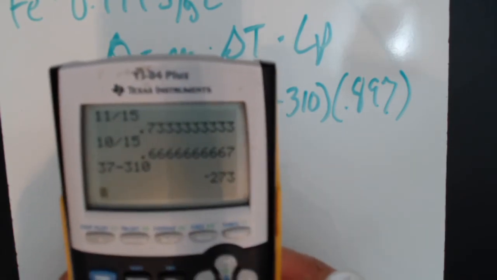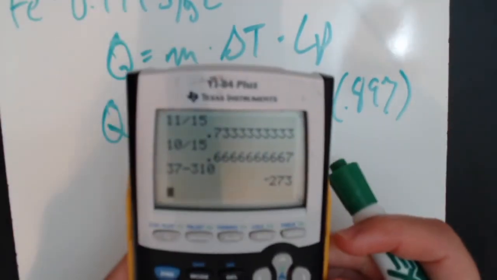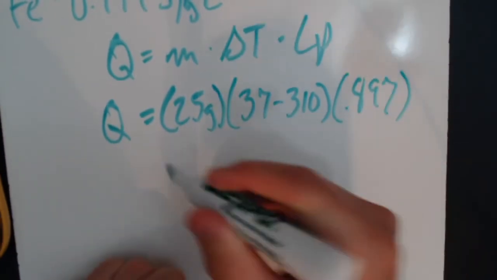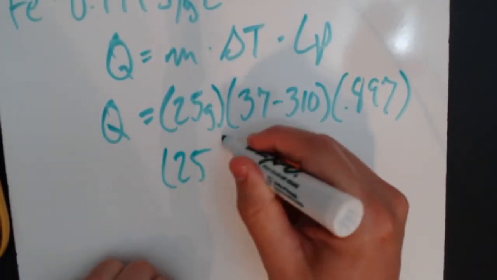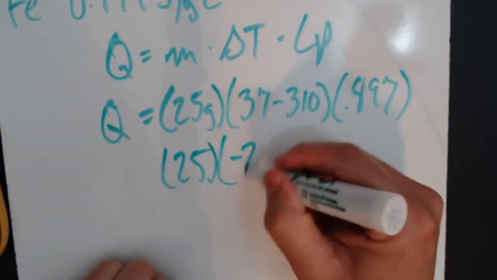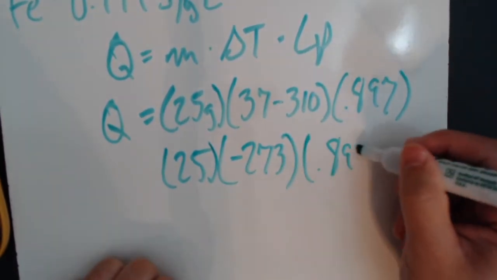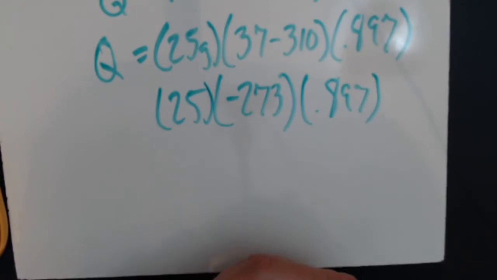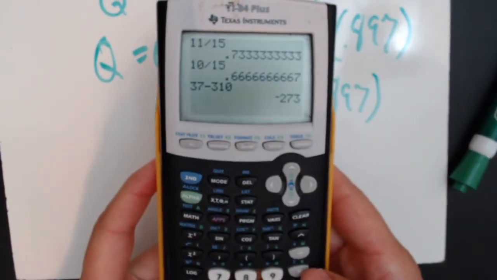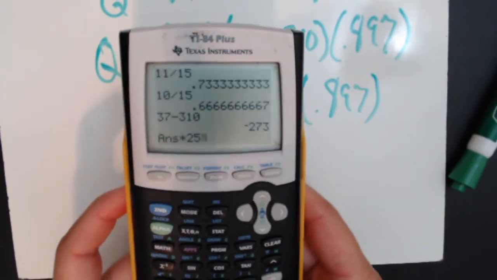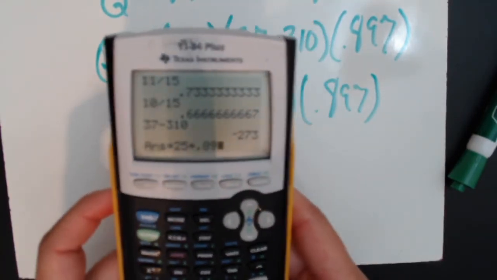There it is, negative 273. So that's my change in temperature. 25 times negative 273 times 0.897. Alright, now all I have to do is multiply.